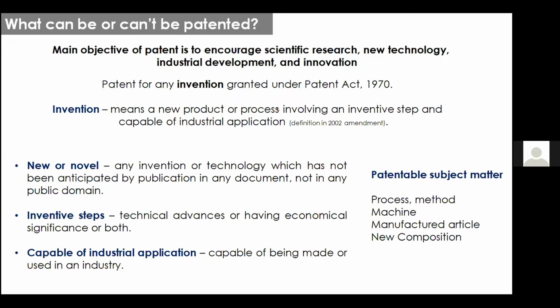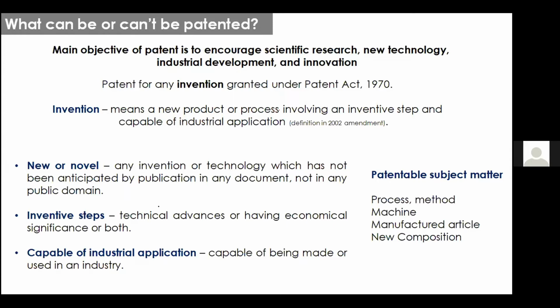Now, the second term in the definition of invention is involving an inventive step. So an inventive step is a technical advance or having economic significance or both. So any invention has to be novel.